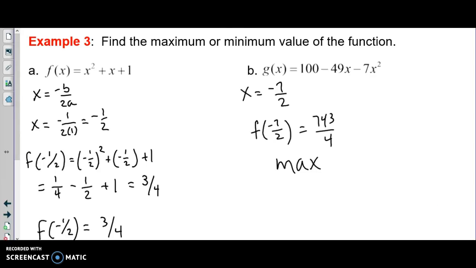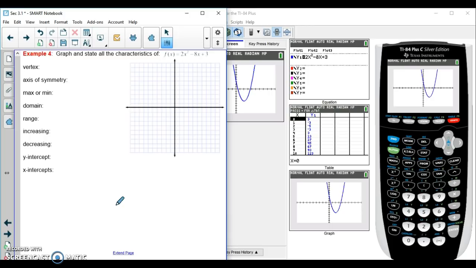And here's your answer. Okay, so graph and state the characteristics of 2x squared minus 8x plus 3. Well, I went ahead and put it in my graphing calculator, just listing some things of what I know already from previous lessons. So I know that it has a minimum point. Look how low it is. My domain is simply all real numbers because it goes on forever and ever, left and right.